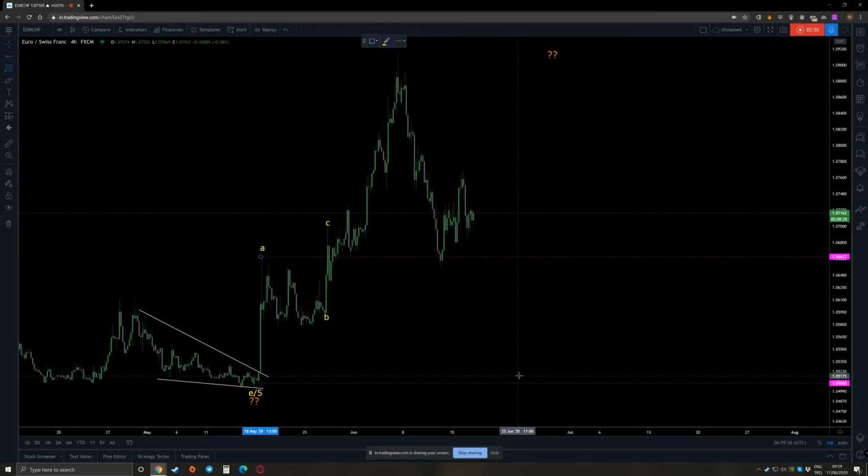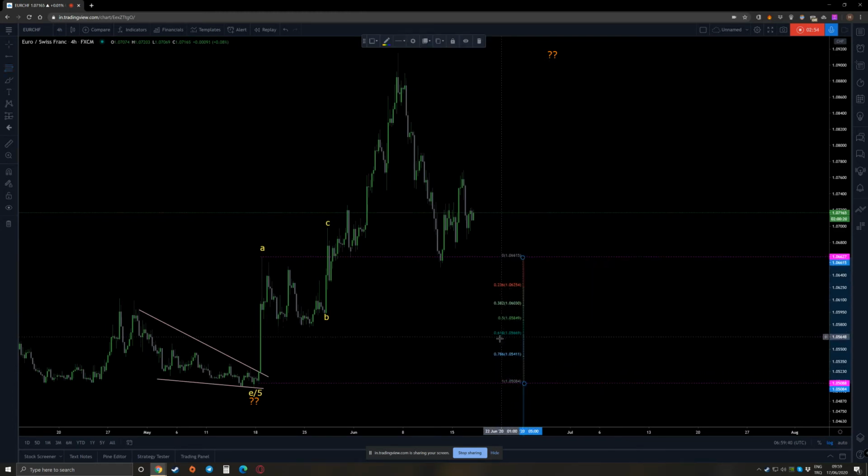That's what matters for me. As you can see, it's somewhere around 50. It's a little bit higher than this, but the most important thing is that it's lower than 618. It means it's smaller than 618. Because the B wave didn't reach 618, this move is a zigzag.